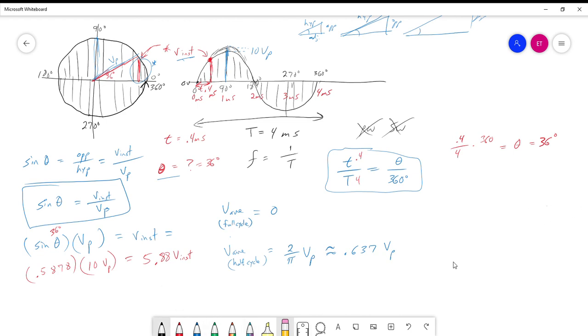Okay, so let's get back to, okay, that's better. So V peak, of course, is here, and then V average half cycle, I always have to keep emphasizing, sits around there, the average of any half cycle.